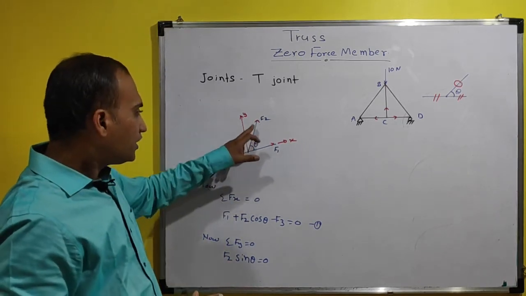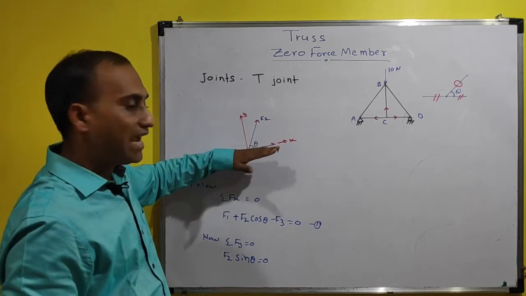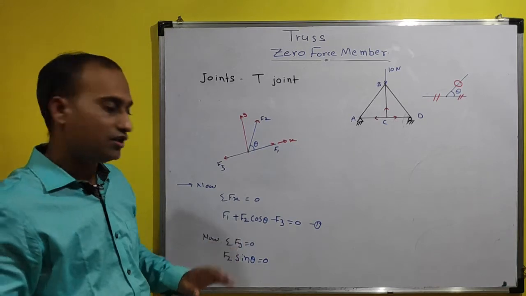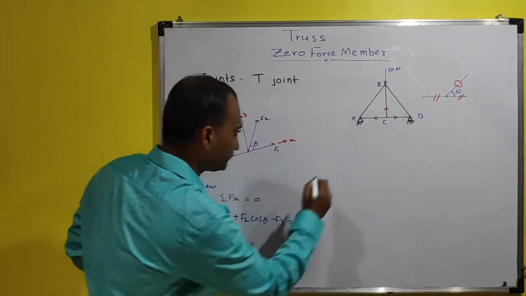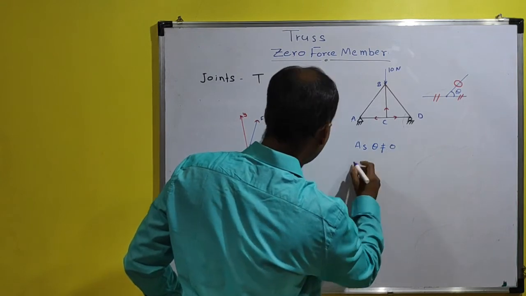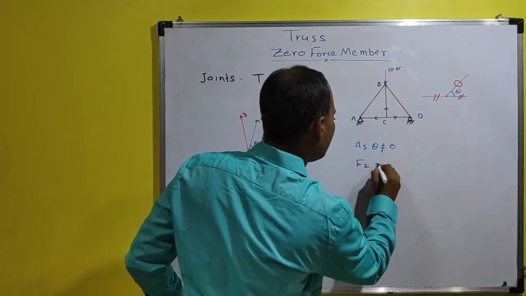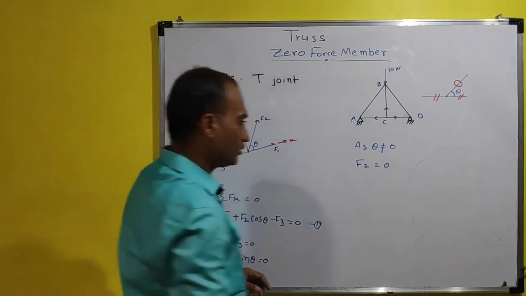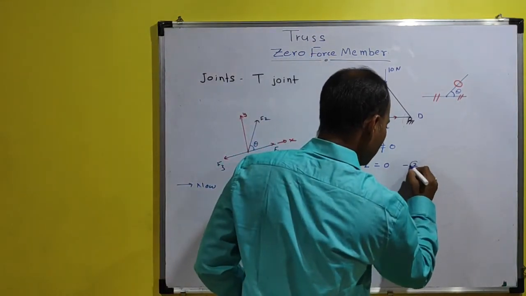This force is making some angle with the x-axis, and hence the angle is not 0. As theta is not 0, F2 has to be 0. This is what we got. Let's say this is equation number 2.